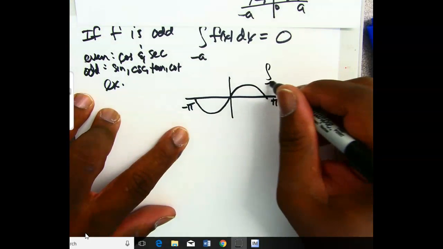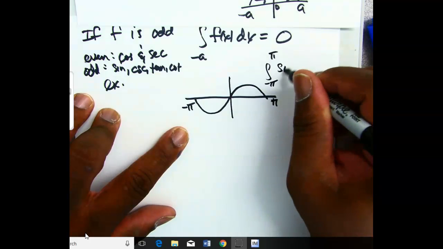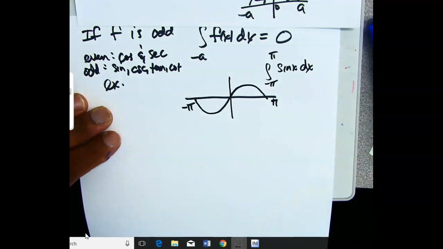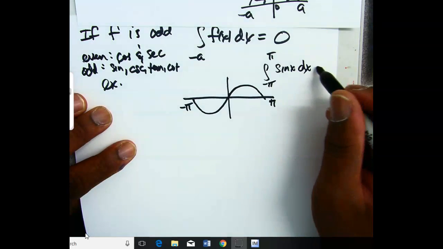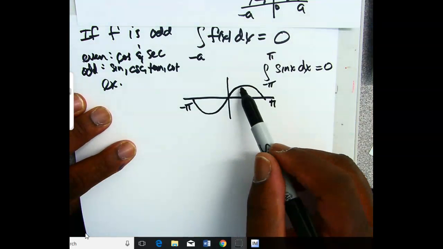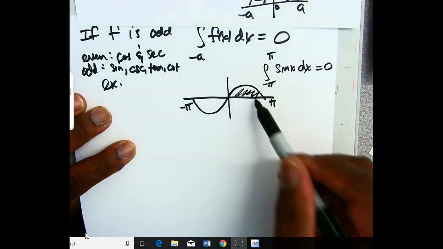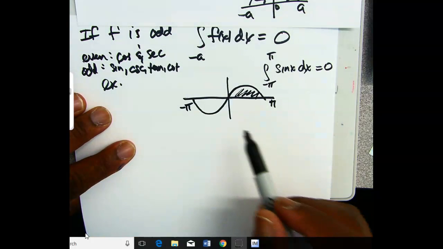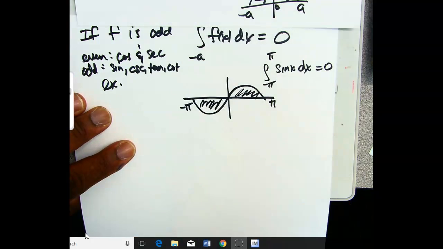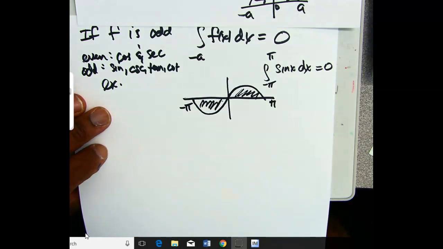So the integral from negative pi to pi of sine of x dx is going to be 0. Because you have this part of the graph that's above the x-axis. That's positive. This part of the graph is below the x-axis. That's negative. These two cancel each other out.